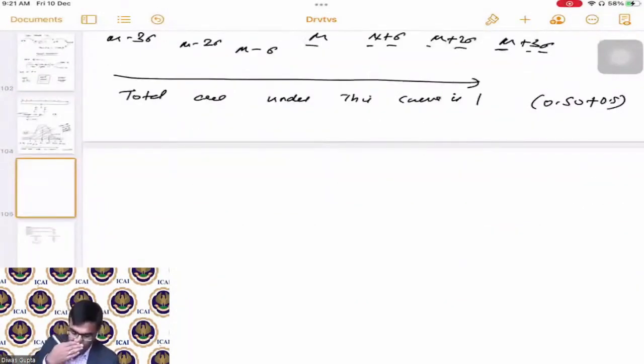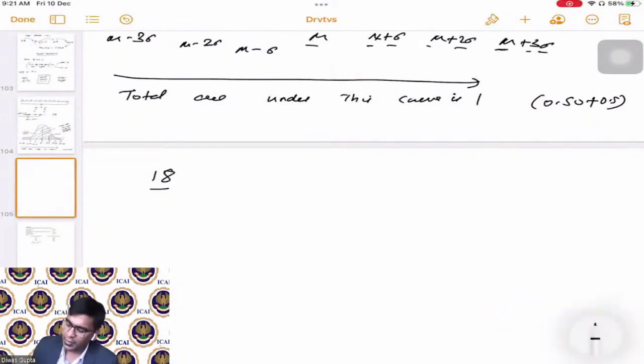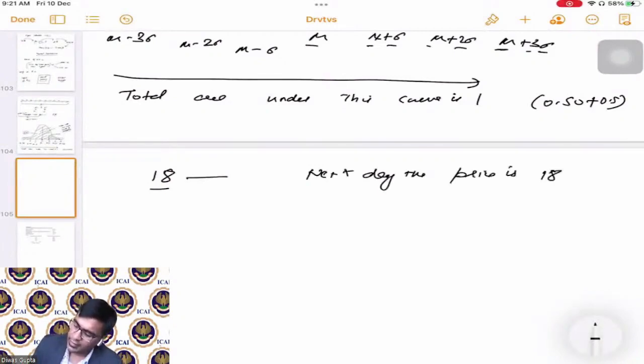Now, basically, as I said, if we have to find for 18 what is the value of probability, correct? What is the probability that next day the price is 18? For that, what is the probability?